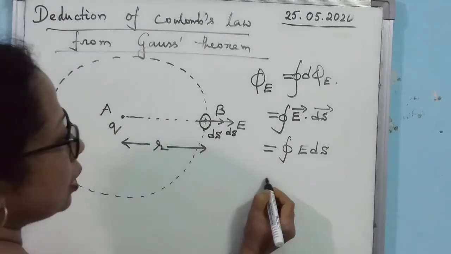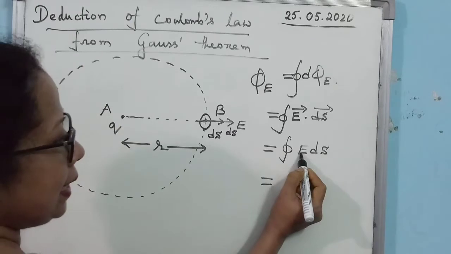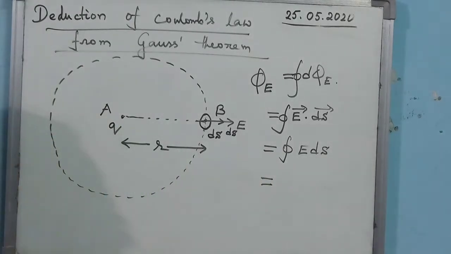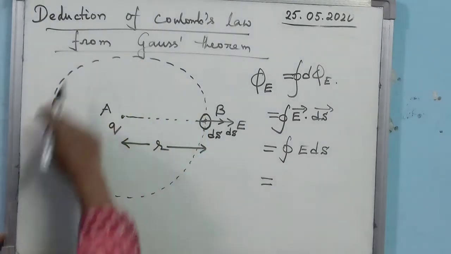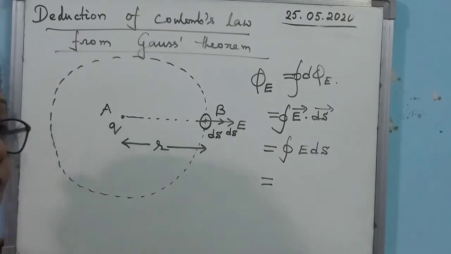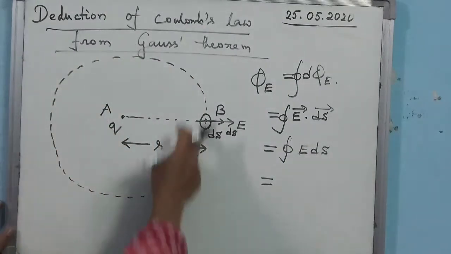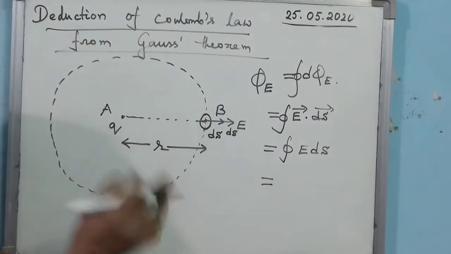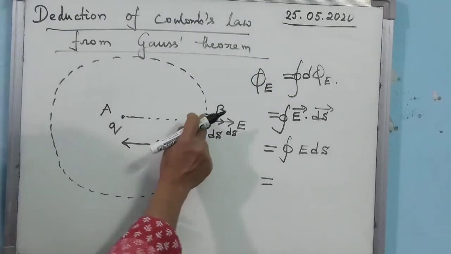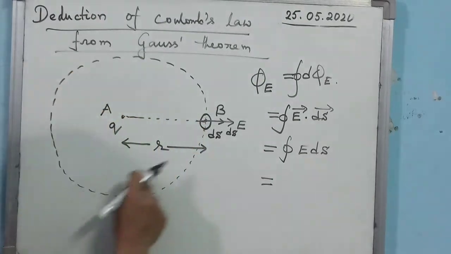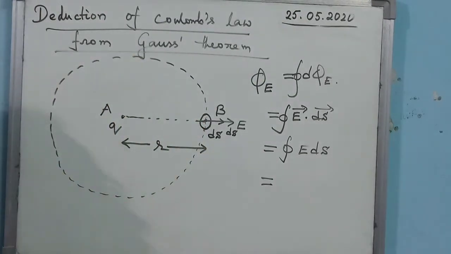Now, as I have already said, the Gaussian surface is chosen symmetric about the distribution of charge. Why do we choose it as symmetric? Because if the surface is symmetric, then the electric field intensity magnitude is constant over the entire surface.